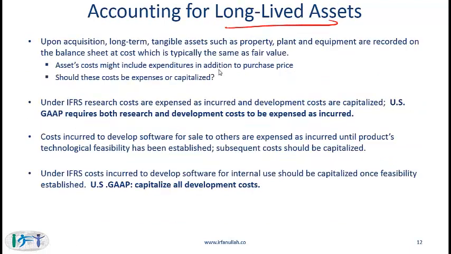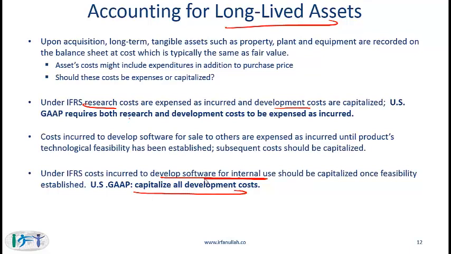Accounting for long-lived assets. Now here, when we do research and development costs, IFRS says that you expense research costs and you can capitalize development costs. US GAAP says that both research and development costs need to be expensed. And then when we talk about developing software for internal use, US GAAP says that you capitalize all the software development cost.